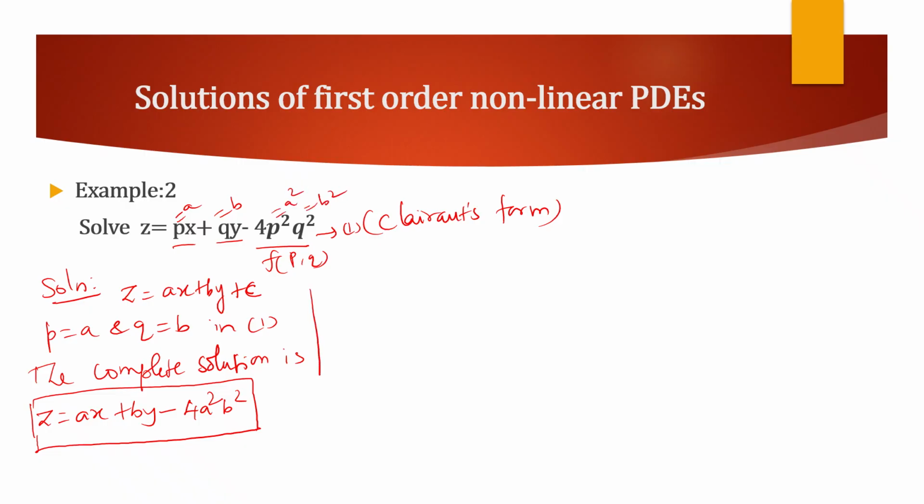So now for finding the singular solution, we differentiate equation 2 partially with respect to the arbitrary constants a and b.